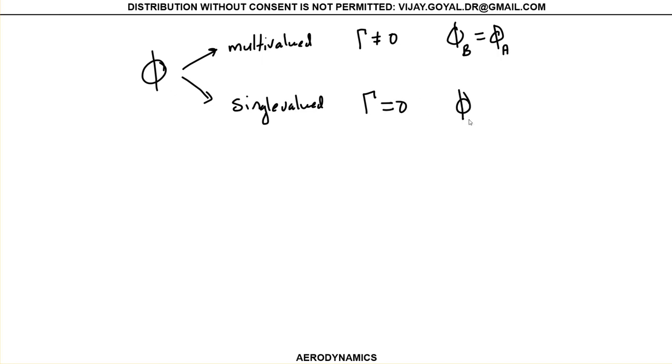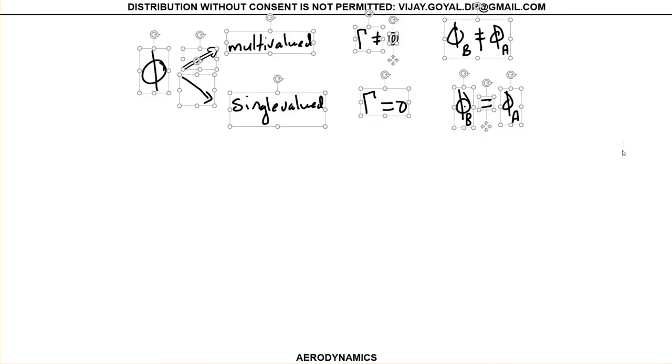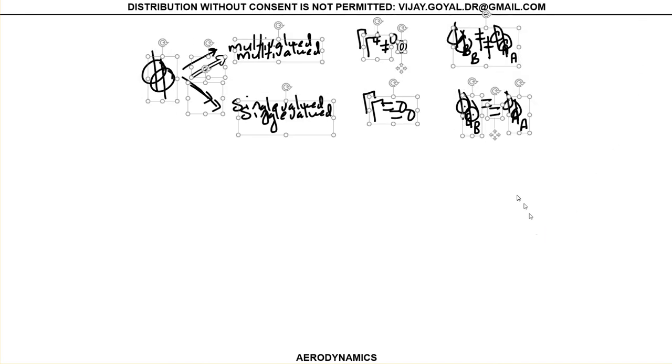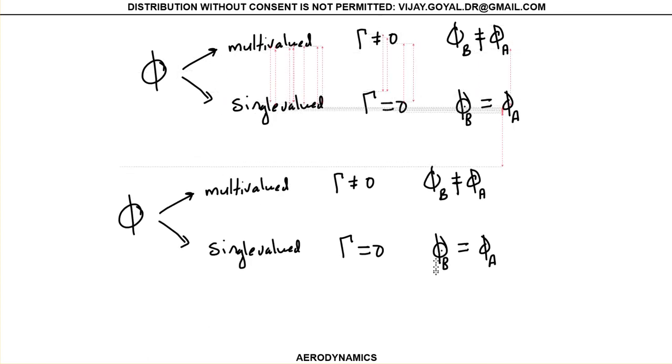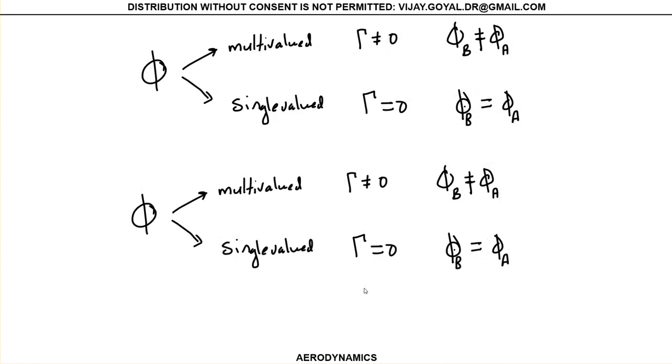In other words, B is equal to A. And the same thing can be said for your stream function psi.